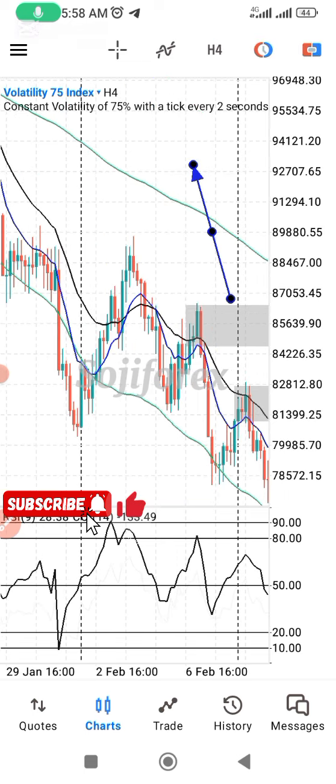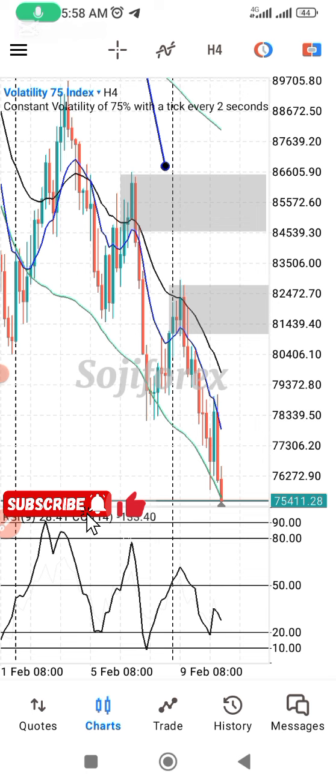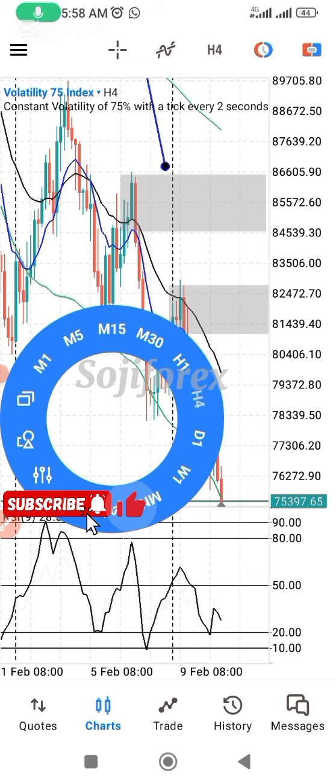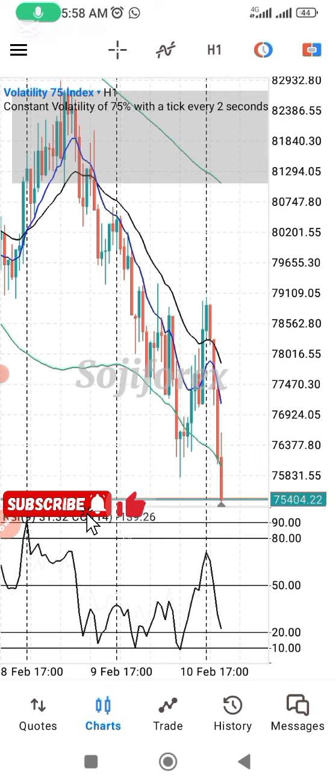So all these zones are where we are expecting price to come to retest in order for us to find our trade entry. Once you have identified this, you can easily move to your lower time frame as the case may be in order for you to find entry.